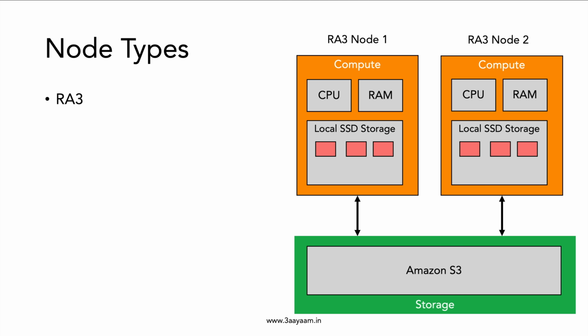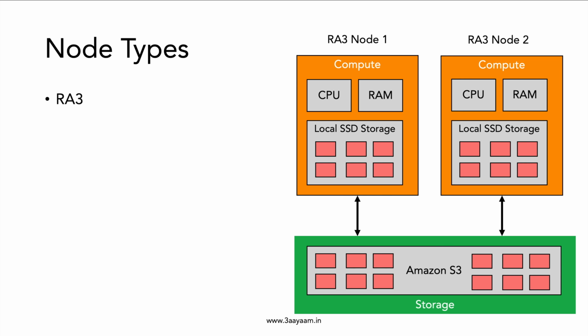Initially the blocks are written in the local SSD storage, and when the local SSD storage is filled up, it is written to Amazon S3. Now in S3 also it is written as block storage. It's not an object store. Meaning that if you have data in S3 and you want to update a particular row or a single row, you can do that, because Redshift does not store data in S3 as an object store.